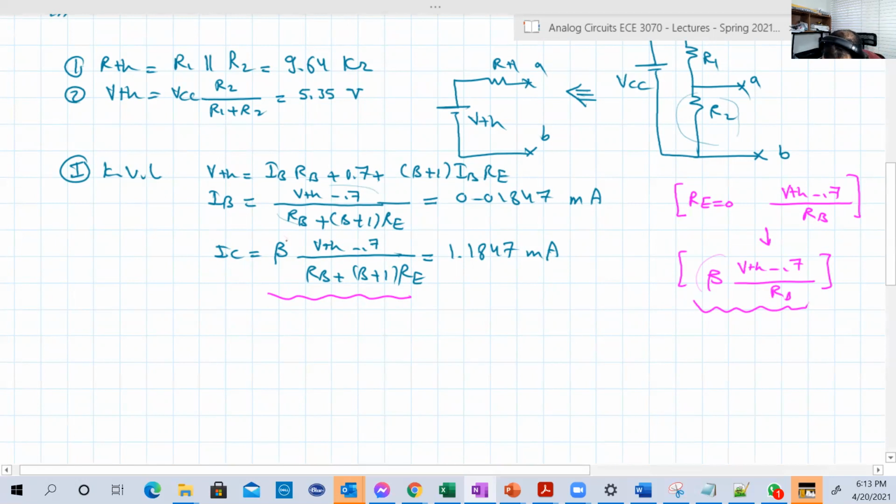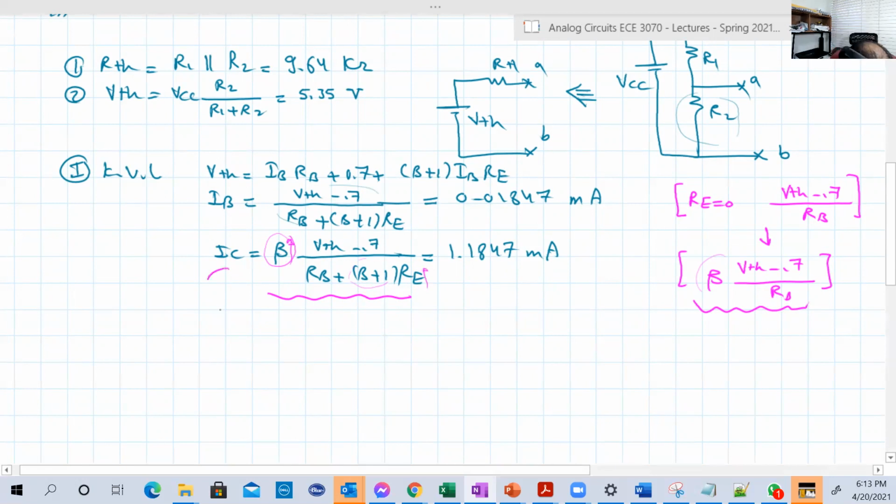But here, beta is in the numerator and also beta plus 1 in the denominator. So if it increases, for example, in the numerator, it will also change in the denominator. So they will balance each other.